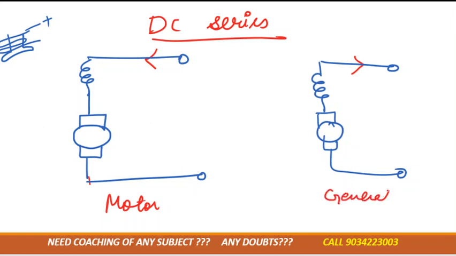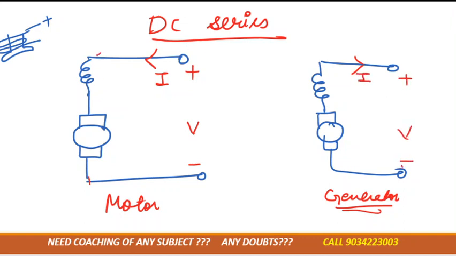In a motor you are providing electrical energy, so the current moves inside, and here we give the plus minus voltage. But in a generator we are getting electrical energy, because a generator converts mechanical energy into electrical energy. That's why the current direction is like this, again positive, negative, V, I.